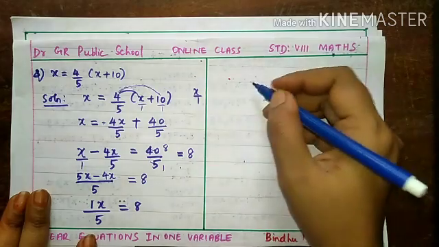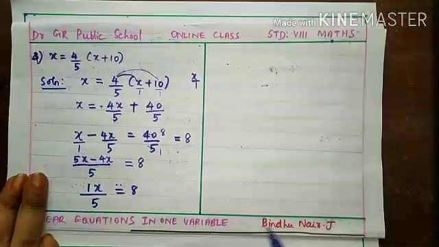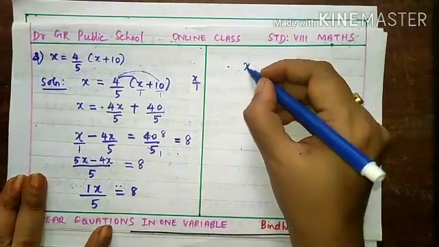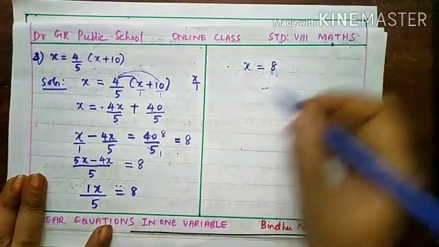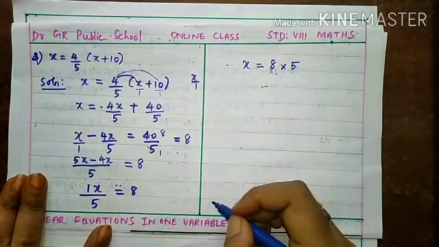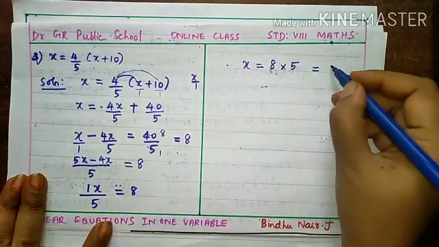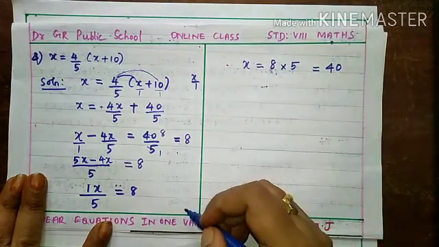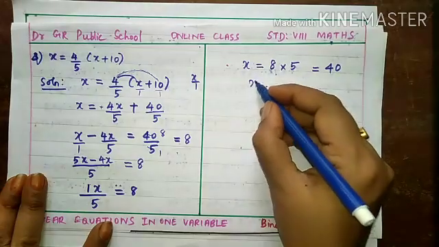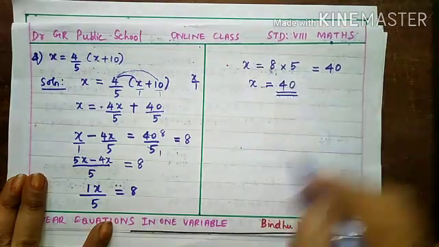Therefore the next step is 1x means, yes, it is x. So x equal to 8. This 5 is transposed and becomes multiplication. Okay, and what is 8 into 5? Yes, it is 8 5s are 40. Understand? Therefore our solution is x is equal to 40.